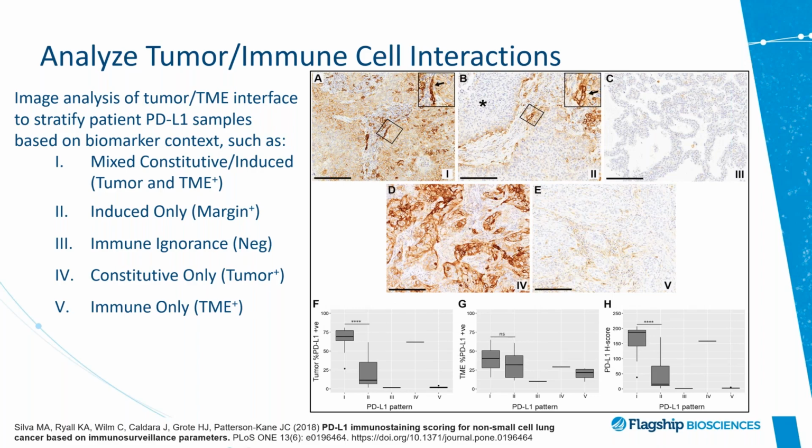That has also been illustrated in one of our publications, in which we illustrated 4 different patterns of distribution of PD-L1 positivity: the mixed, the induced only, the immune ignorance and the constitutive, and the immune only. That seems to separate tumors into categories that potentially are more amenable to increase the predictivity of PD-L1/PD-1 interaction.